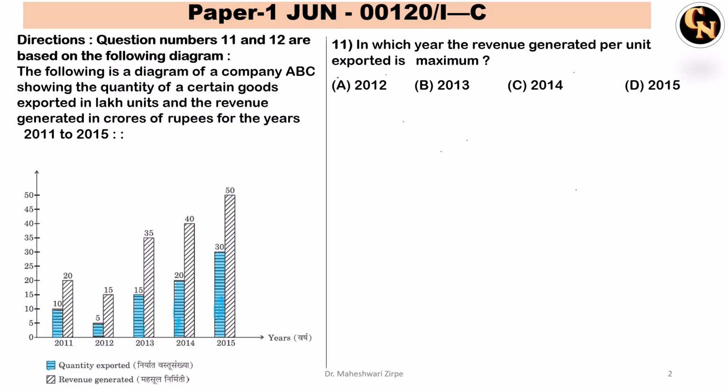Okay, so let us start from 2012. In the year 2012, let us solve. In 2012, if you see, the revenue generated is 15, and as we know that revenue generated is in crore, so it is 15 crore, divided by the quantity exported, which is 5 lakhs.